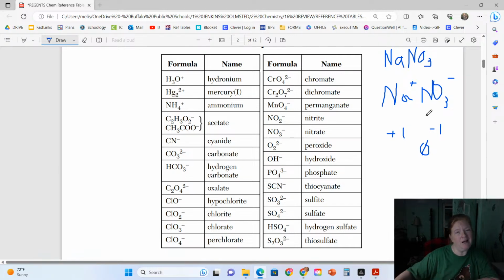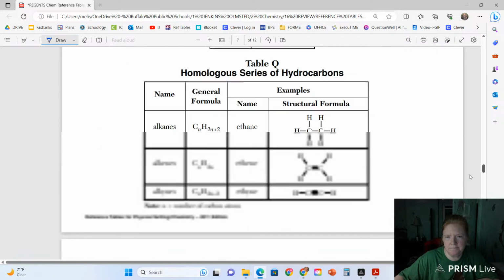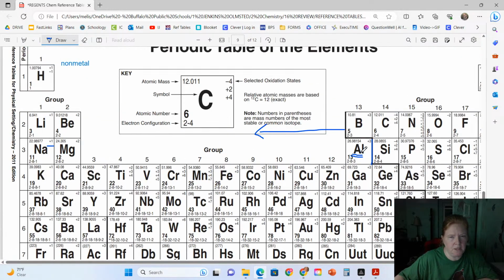Okay. But what if it wasn't so easy peasy? What if instead I had to write the formula for, let's say, aluminum hydroxide. Okay. See hydroxide right here? That's OH negative. Where's aluminum? Right here.